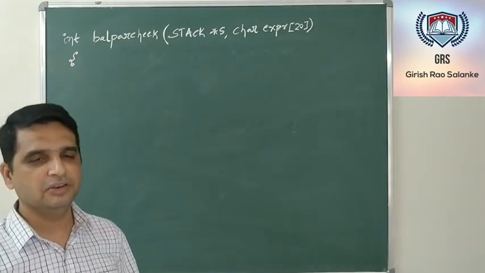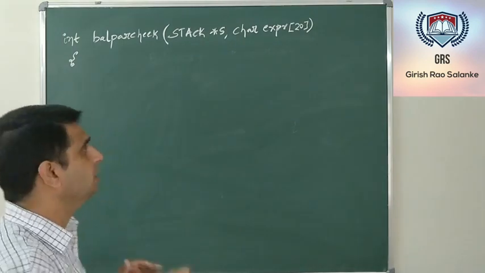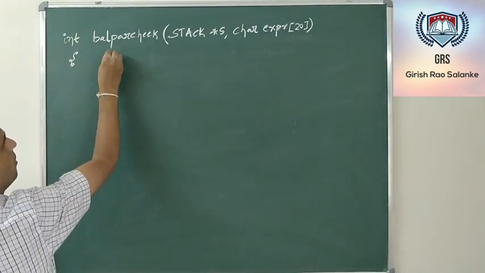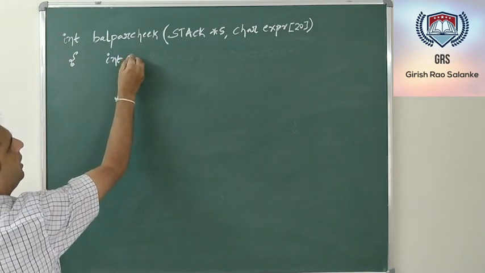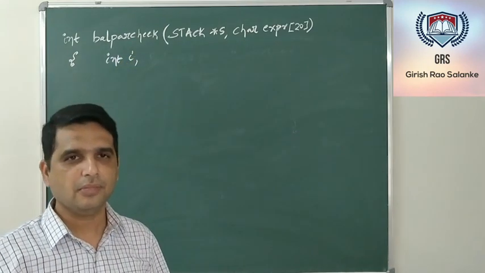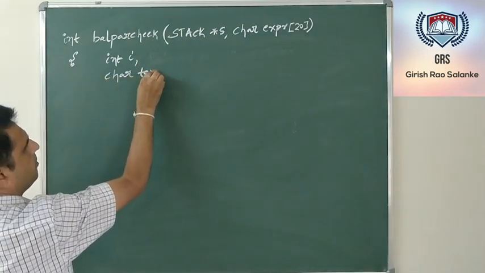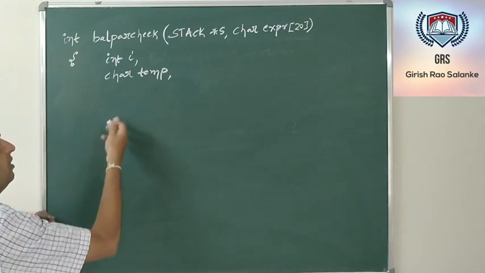Now coming to the variables, I need to go through all the characters in the expression, so int i. Next, I will use one more variable by name temp of the data type char. Why char?